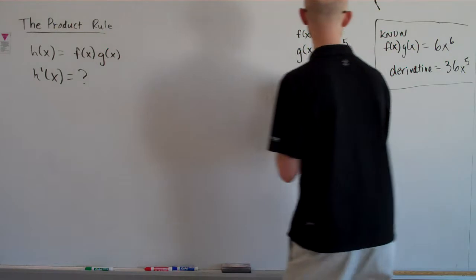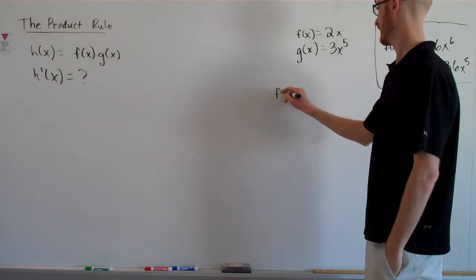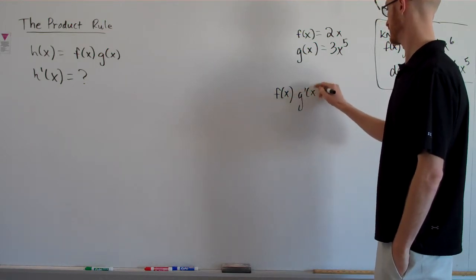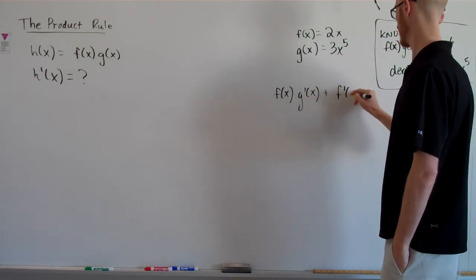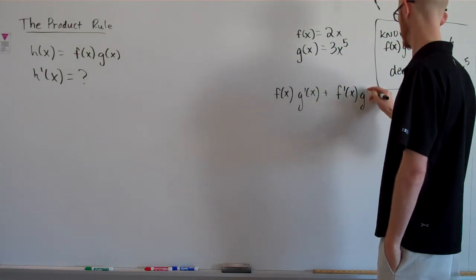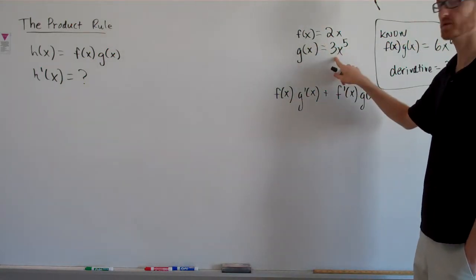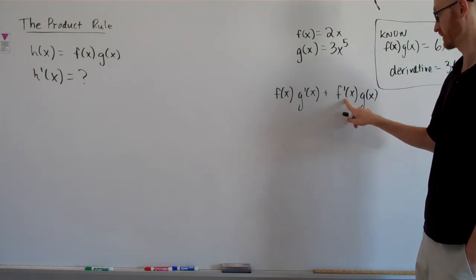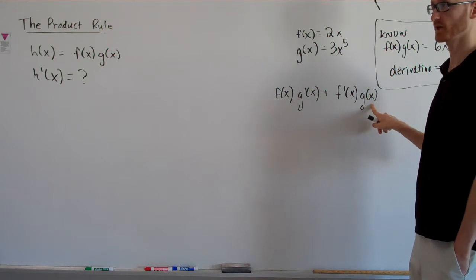So, in other words, we'll do f of x times g prime of x plus f prime of x times g of x. So this function times the derivative of the second one, plus this function's derivative times the second function itself.